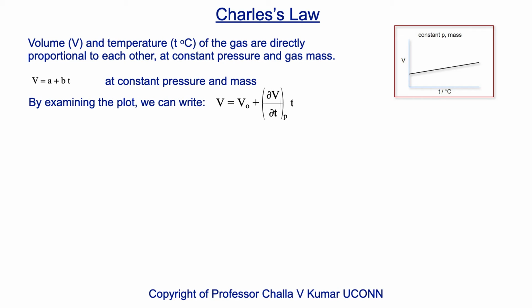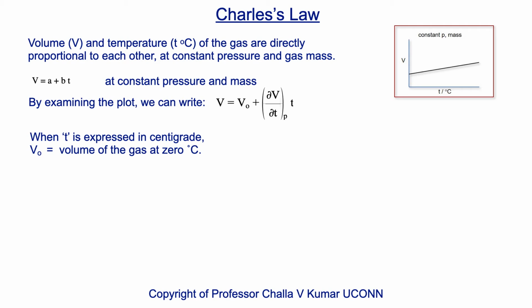So we rewrite this linear expression as V equals V0 plus the partial derivative of volume with respect to temperature at constant pressure, multiplied by T, where V0 is your intercept on the volume axis when the temperature is 0 degrees centigrade.